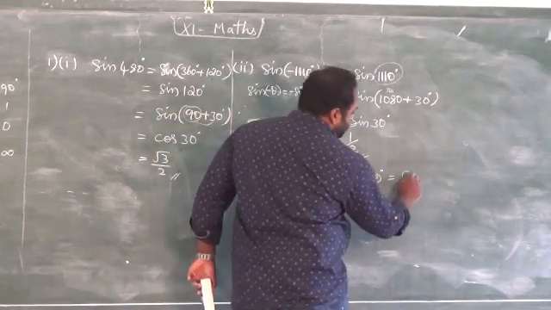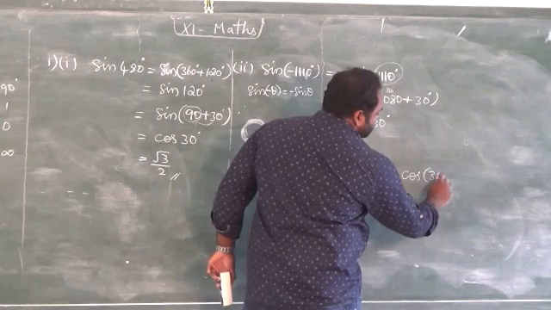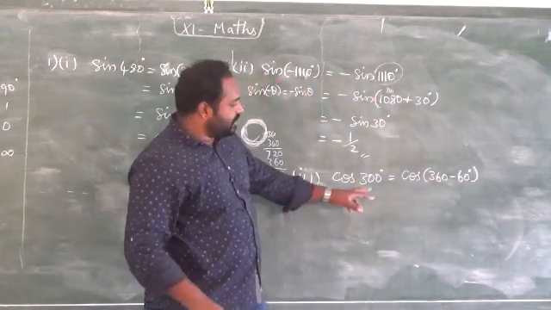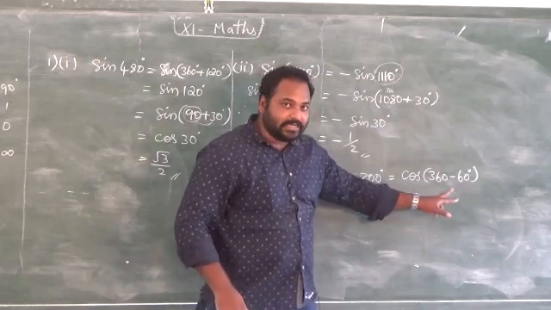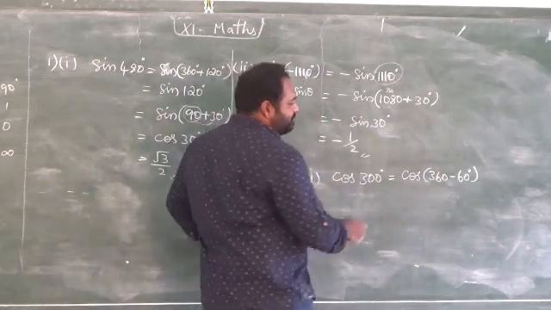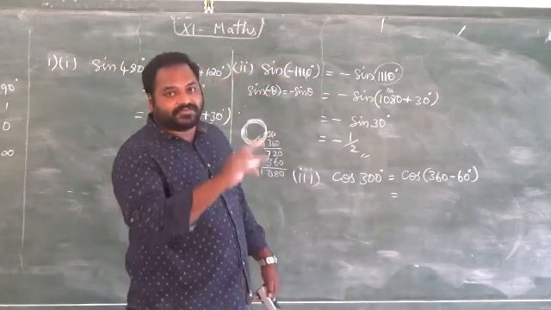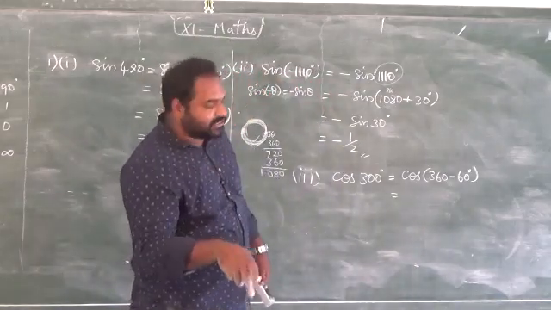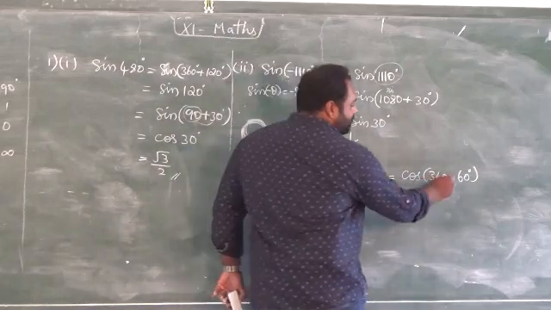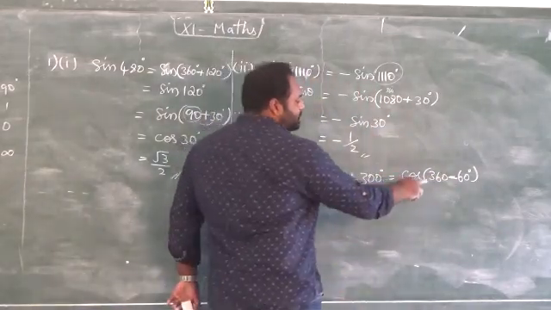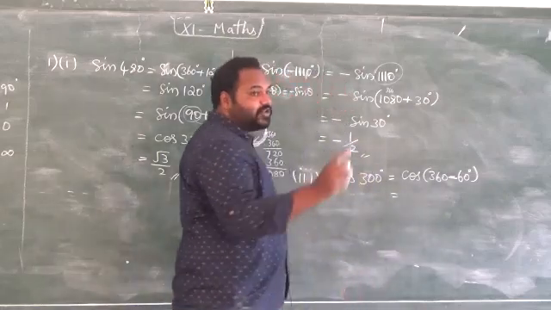Cos 300 can be written as 360 minus 60, so you can split it like this. Cos of 360 minus 60 is in the fourth quadrant.